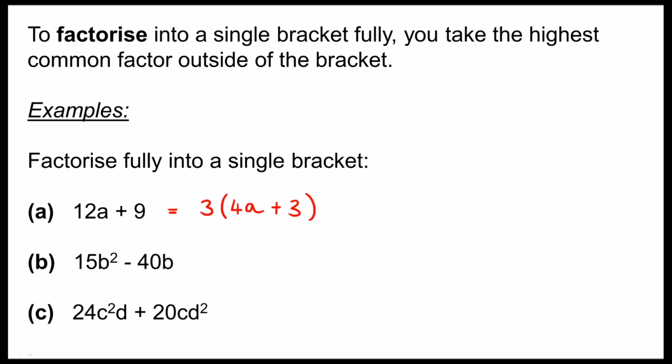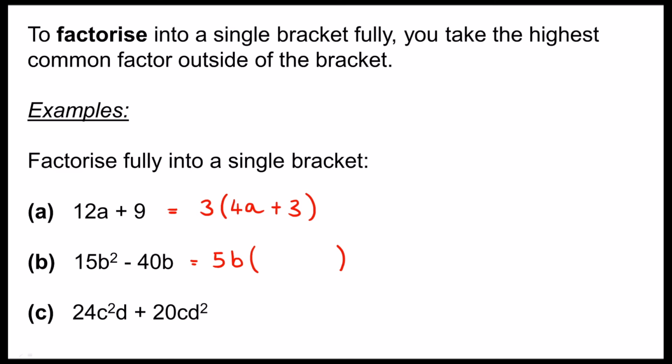Firstly, looking at the numbers, I know that the highest common factor of 15 and 40 is 5. That's because 5 is the biggest number that divides exactly into 15 and into 40. Comparing the letters, I've got b squared and b, so I can take a factor of b out of the front as well. So now I need to determine what goes into my brackets.